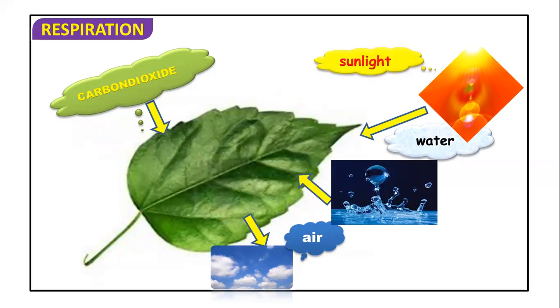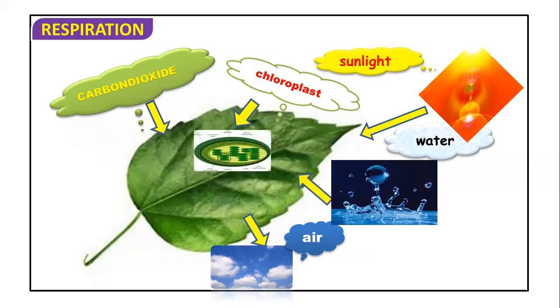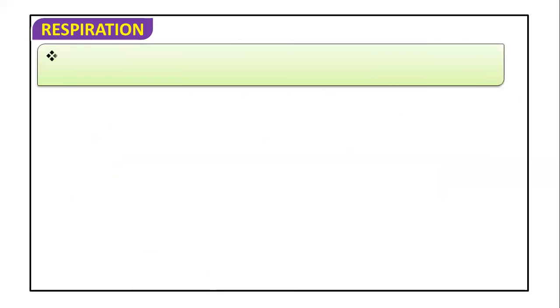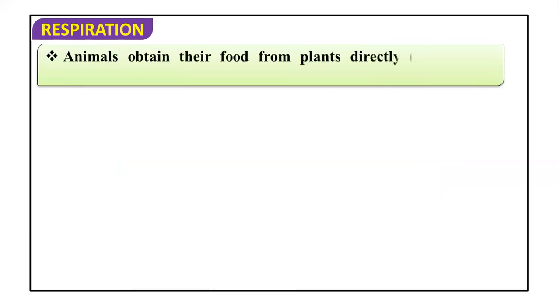And to carry out this CO2 fixation, synthesis and release of oxygen, sunlight is necessary. Obviously, this whole process is carried out by the chloroplast which is present in them. And we know that chloroplasts look like this. Okay, so ultimately we are going to obtain sugar from this.